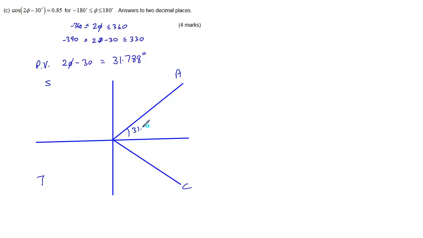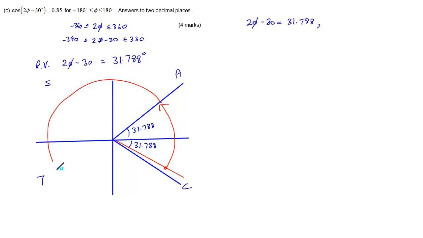So 31.788, 31.788, and so negative 390. That would mean we would start looking here, and then we're going to go around twice. So starting here, the first one we find, so remember this is 2 phi minus 30, is 31.788.